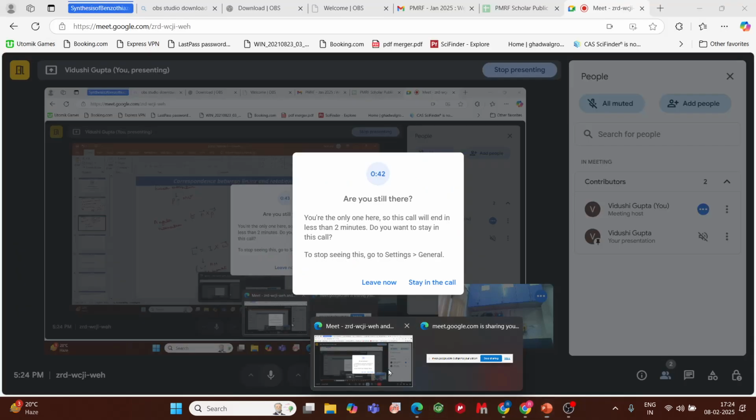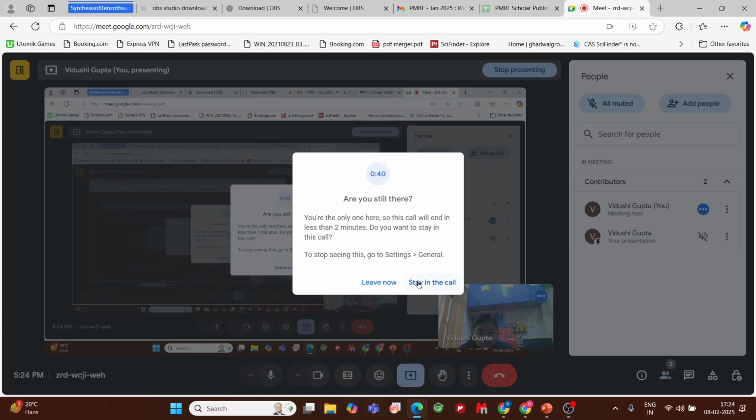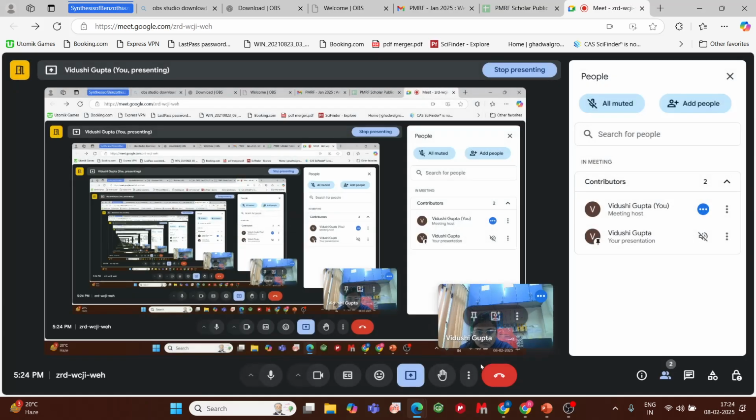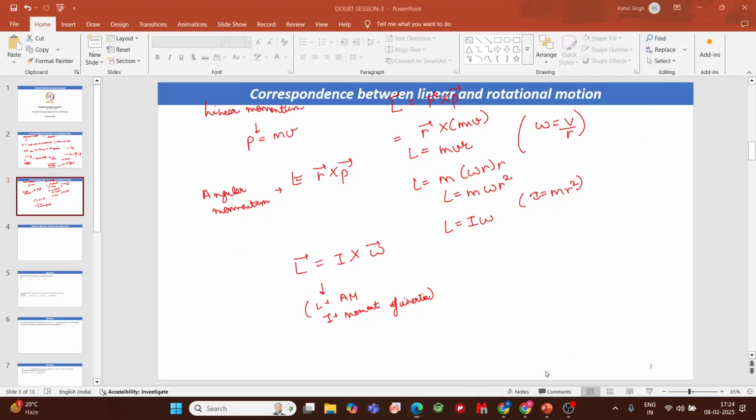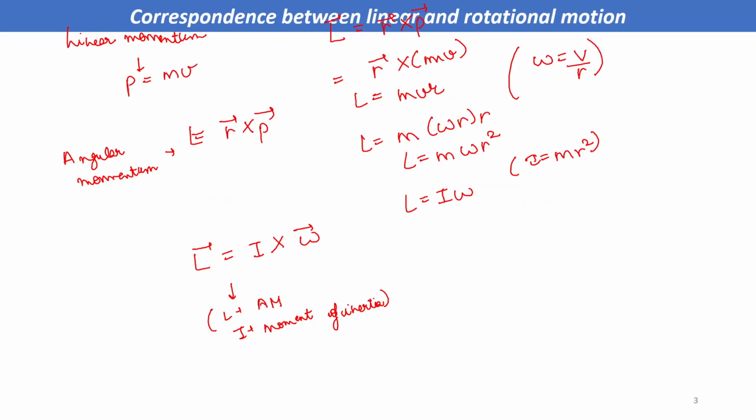So let's continue here. Now it is clear what is the relationship between the linear velocity and angular velocity, and what is the relation between the moment of inertia and the momentum. Then there were some more terms.